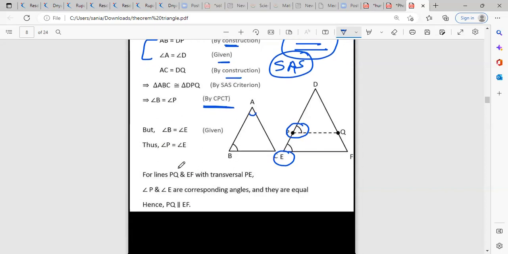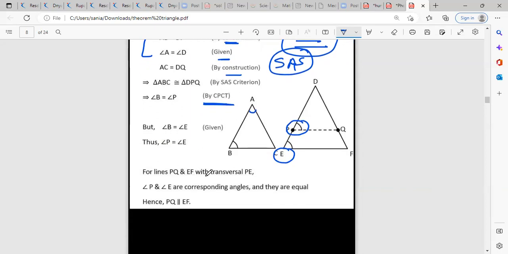Right. So for lines PQ and EF, angle P and angle E are corresponding angles, and they are equal. So you can write that PQ is parallel to EF.